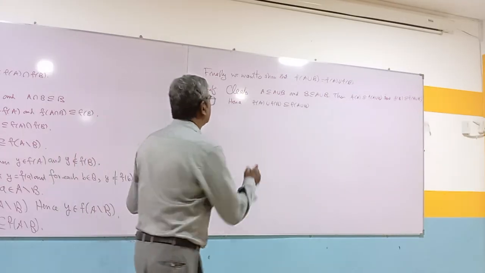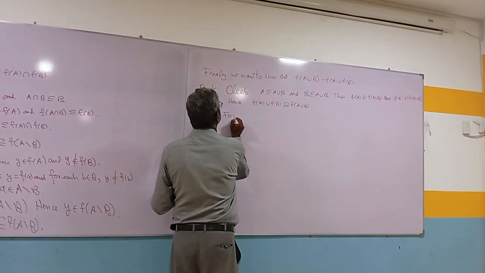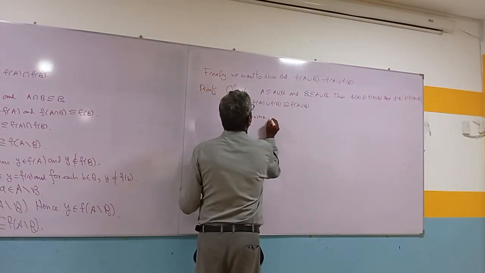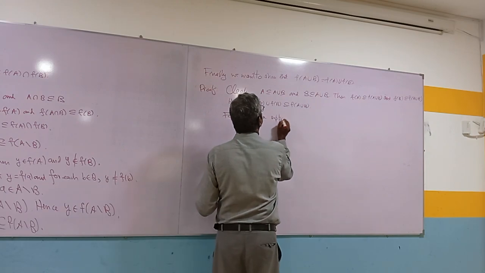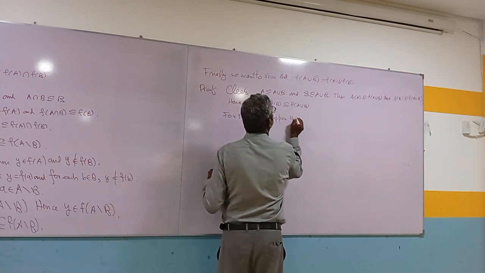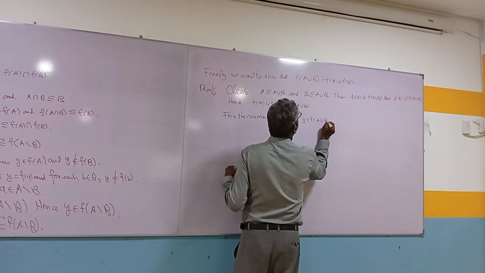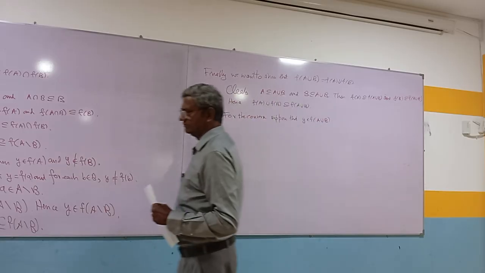For the converse, suppose that y belongs to f(A union B).